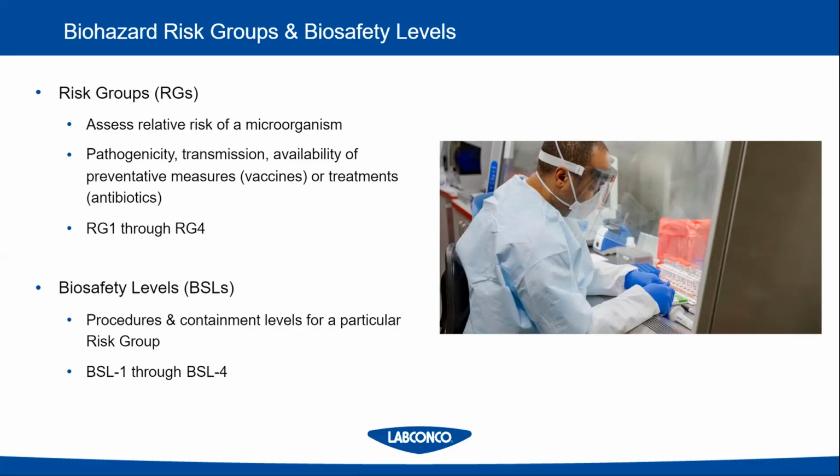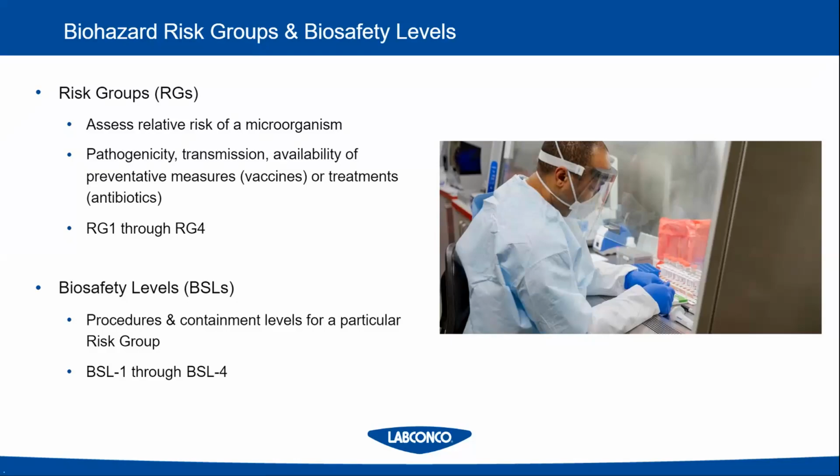Risk groups assess the relative risk of a microorganism to humans, plants, or animals, and they take into account the pathogenicity, or how serious the infection could be; the transmission, or how easily transmitted it is; and the availability of preventative measures or treatments like vaccines or antibiotics. Taking all of these things into account, biohazards are divided into 4 risk groups, 1 through 4.